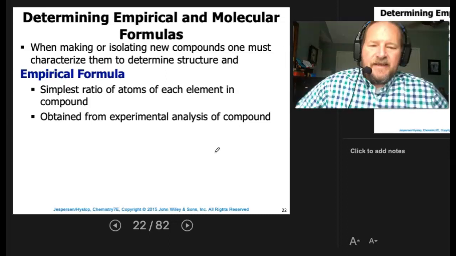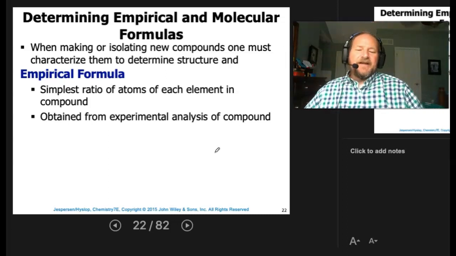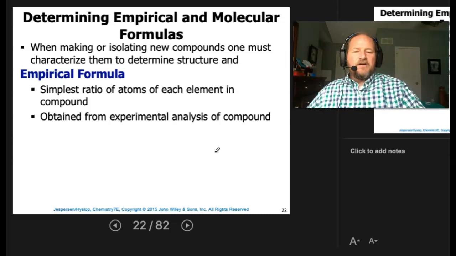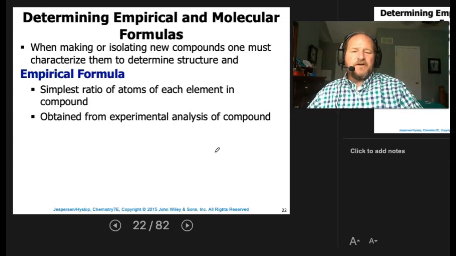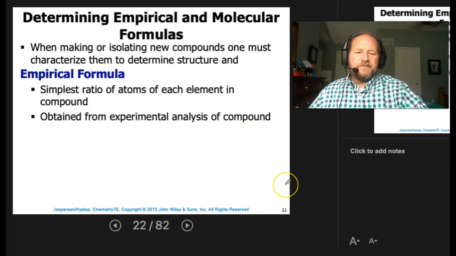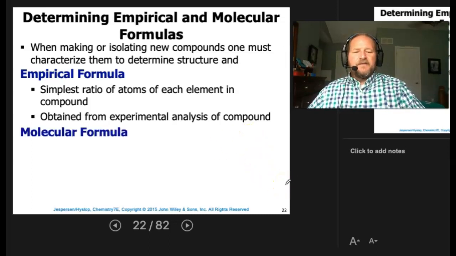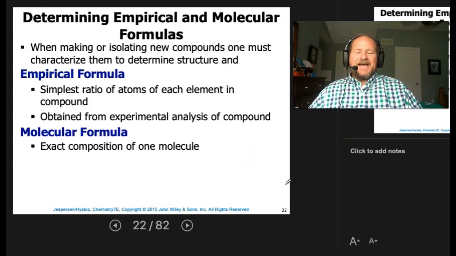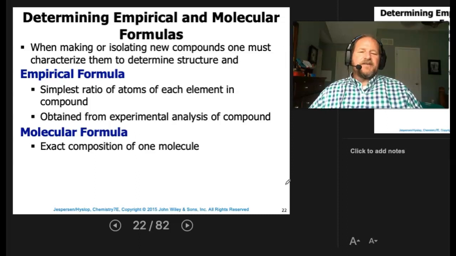Now we can get the empirical formula by analysis. We'll burn our substance and see what the products are and work backwards to get the empirical formula. The molecular formula is the exact composition of one molecule. So the empirical formula is the reduced formula. It's as low as you can go.